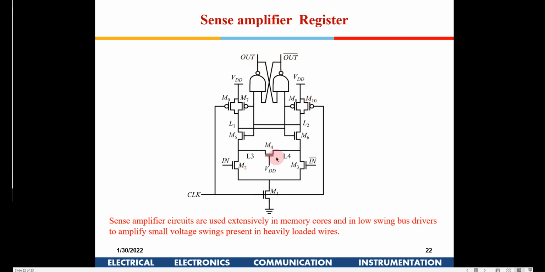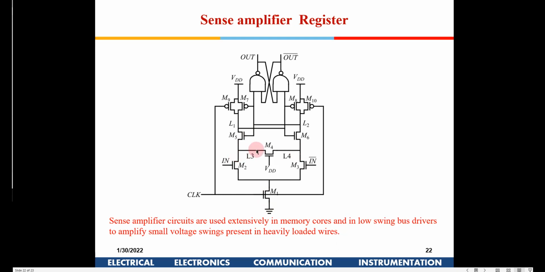Now the purpose of M4 is for steady state conditions, when the nodes are pre-charged to 1 and 1, to remove whatever residual voltage is available here. This is a weak M4, so these two nodes will be equalized.